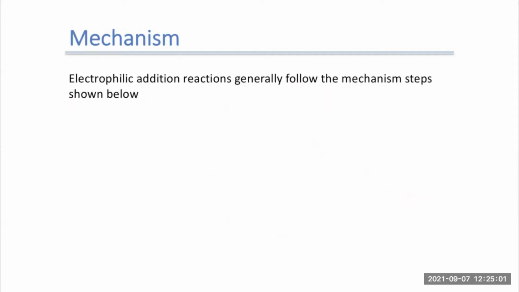So before we get any further into our reactions, let's look at the mechanism of an electrophilic addition, because they'll generally follow the same mechanism steps. So if we start with our generic double bond, and here you see I'm drawing a symmetrical one, and HBr. What will happen first is the double bond will go and attack the hydrogen and move electrons onto the bromine.